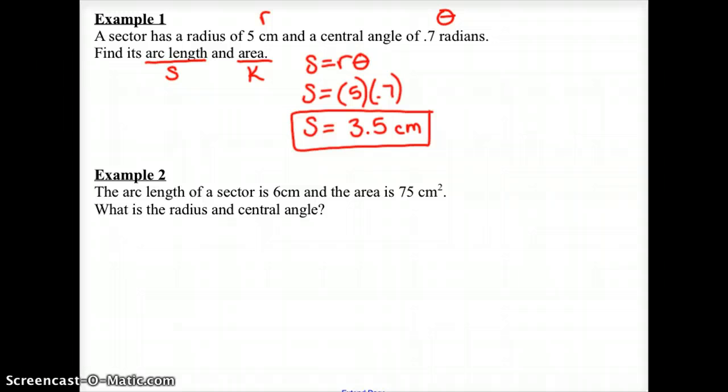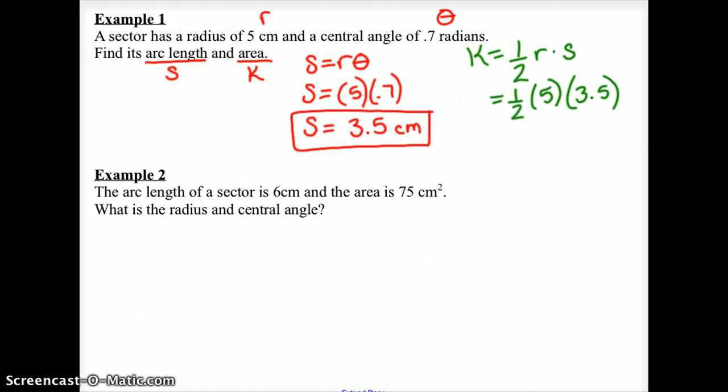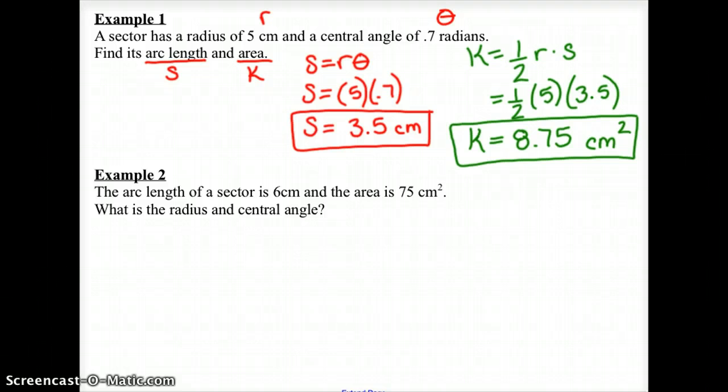For the area formula, k, I have my radius, and I also now have my arc length, so I can use 1/2 rs. That gives me 1/2 times 5 times 3.5, and multiplying that together, I have my area of 8.75. Area is labeled with centimeters squared. So now I have the arc length and area that I was asked for.